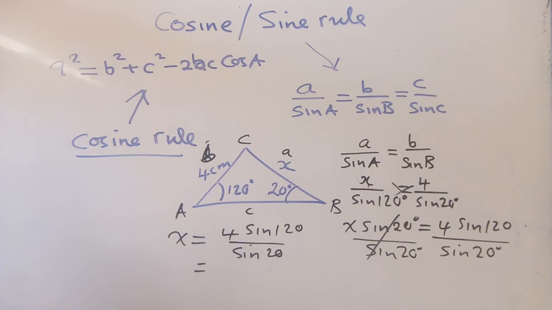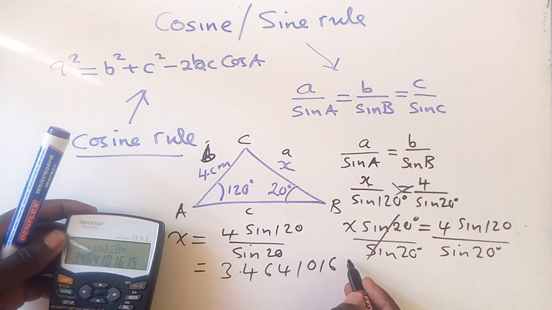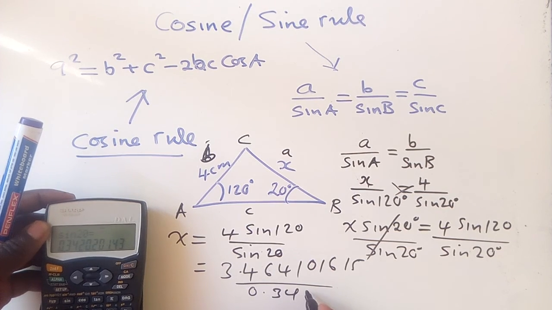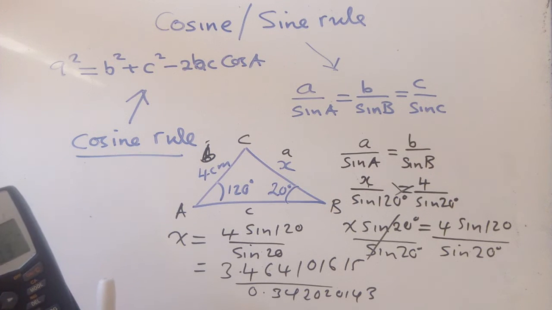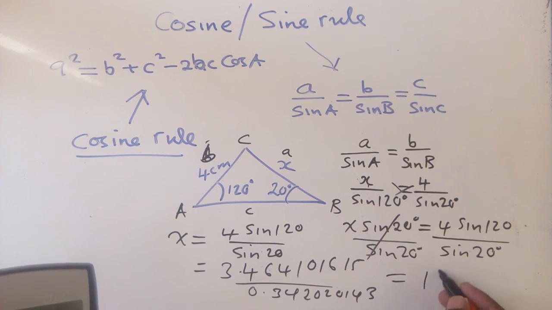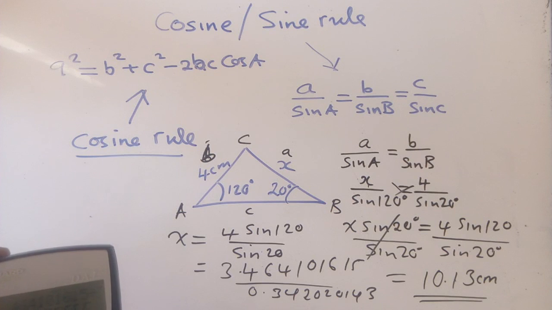Solving this, on top we have 4 sine 120, which is 3.4641011615, divided by sine 20, which is 0.3420200143, and the answer is 10.13 centimeters in 2 decimal places.